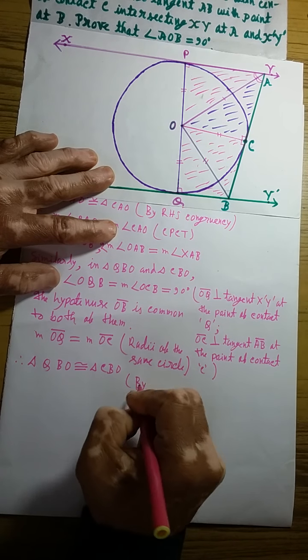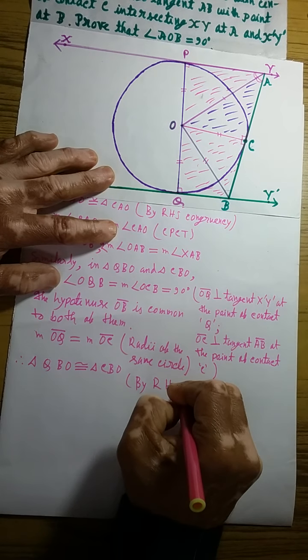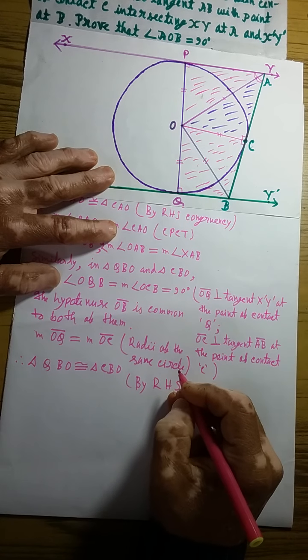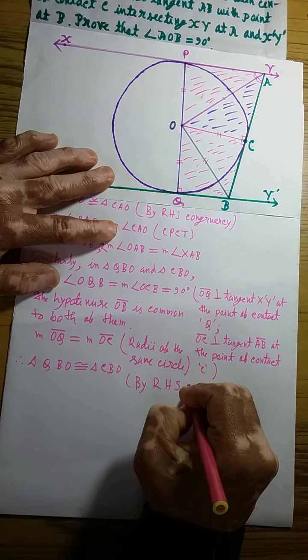Write within bracket: by RHS, right angle hypotenuse side congruency.